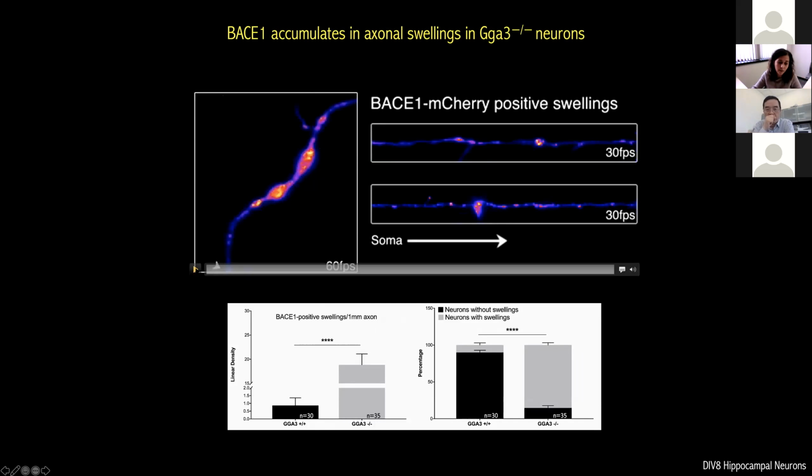In this specific movie, I was very lucky and I was able to record live the formation of a new accumulation of base 1 in the axon. And then if you look inside the swelling, you notice that the base vesicles are literally trapped there. They can only bounce inside the swelling, but they cannot leave the swelling.